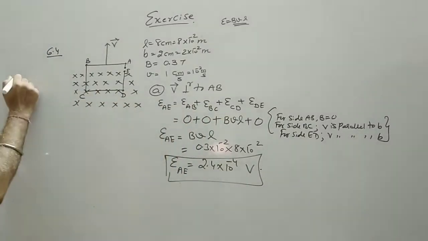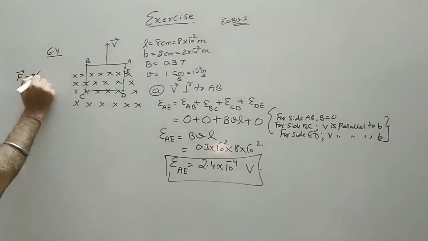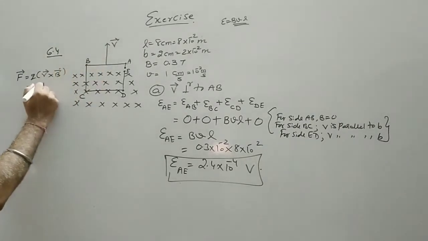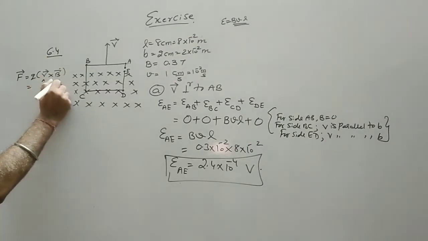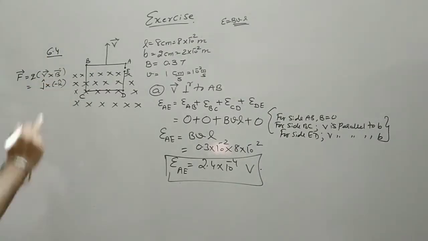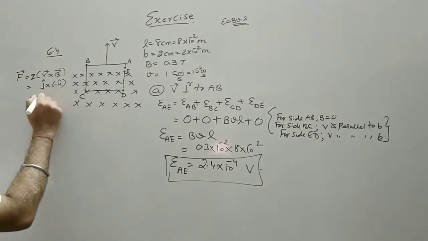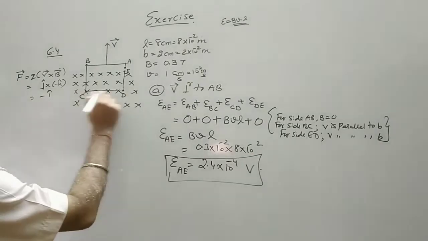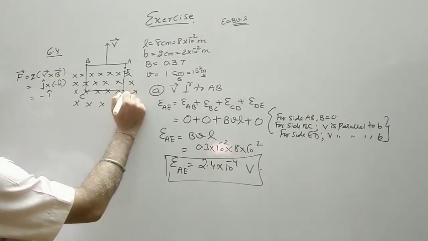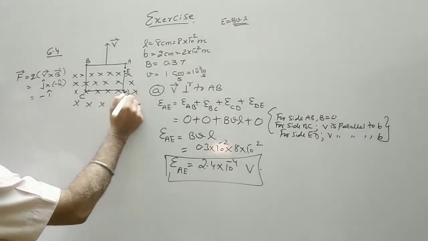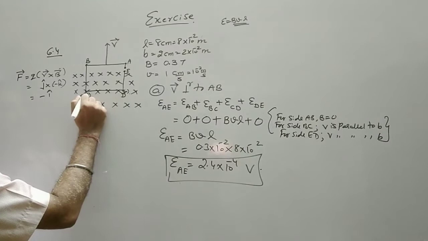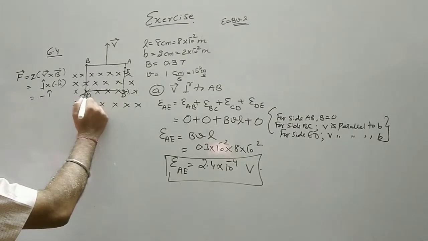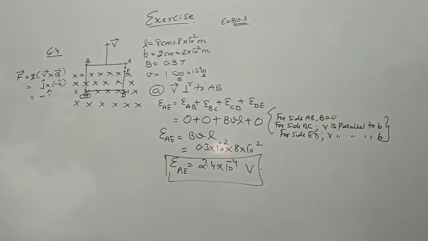For CD, we apply the formula F is equal to Q V cross B. V is along the y-axis, B is taken along negative z-axis, J cross K is I, so this is minus I. Now this is the formula for a positive charge, so all the electrons of this rod will accumulate at this point. So D behaves as negative and C behaves as positive.